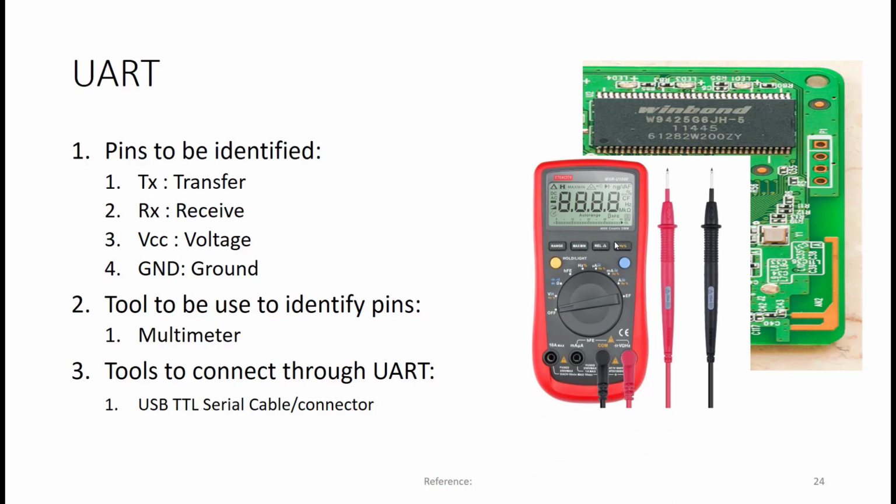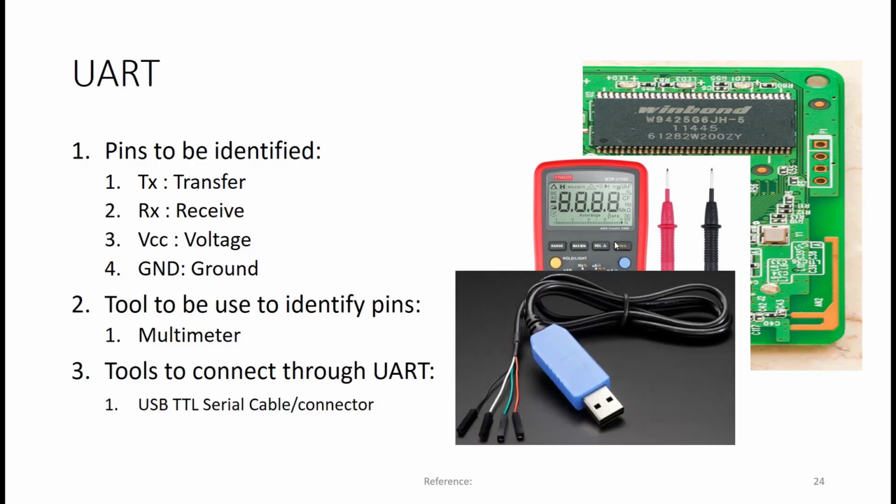So to identify these pins, you need a multimeter to do a connectivity check and a voltage check to identify which one is TX, RX, VCC, or ground. And once you identify all four pins, you need an additional tool called a USB TTL or serial connector. This connector you can plug into your laptop, and the other end you need to connect to the pins of the board.